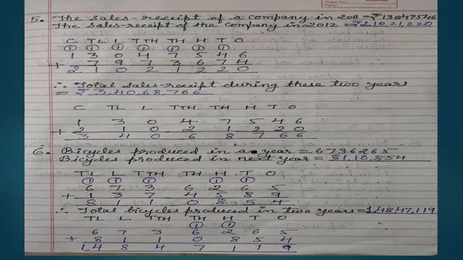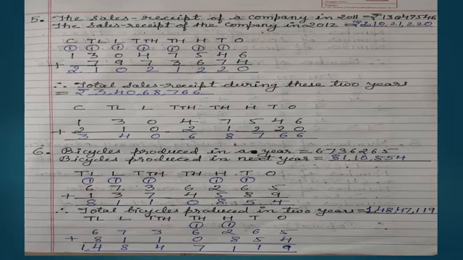So first you have to write down what is given. Bicycles produced in a year, write down what is given. Then for bicycles produced in the next year, you have to add the previous year's number to the increased number of bicycles. After getting it, you have to sum these numbers. For the total bicycles produced in these 2 years, you have to add the number of bicycles from these 2 consecutive years.